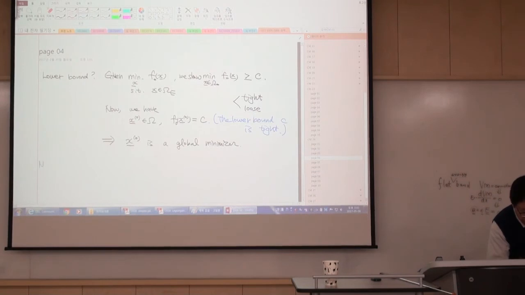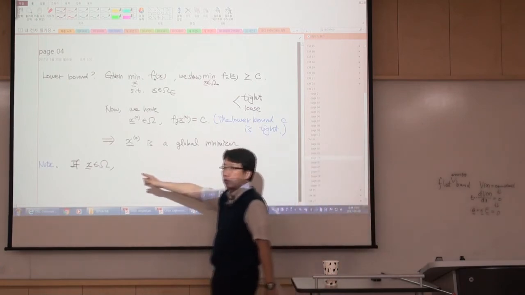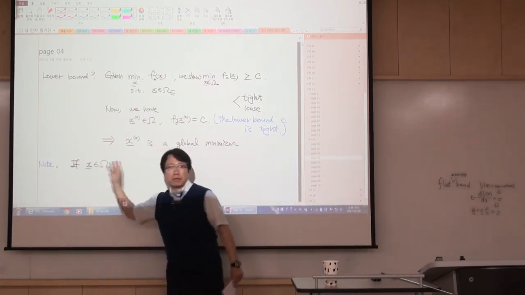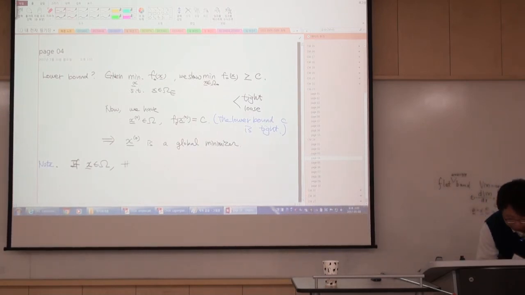So here, note that if x is in the constraint set, not explicit, just the constraint set, okay, so that every f and h can be evaluated, then f(x) is greater than or equal to L(x, lambda, nu) for every lambda greater than or equal to 0.